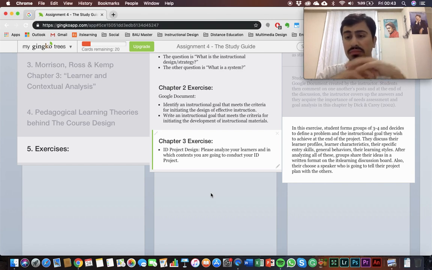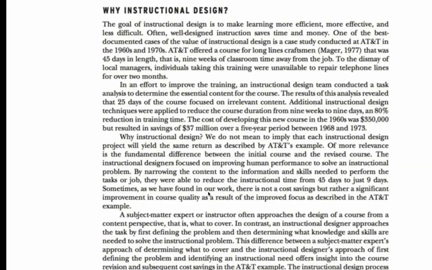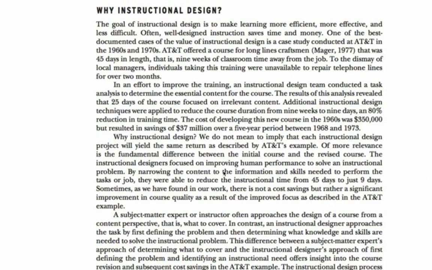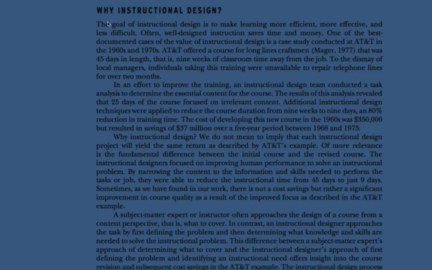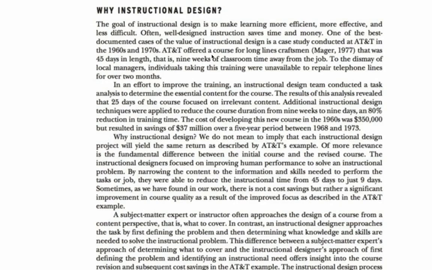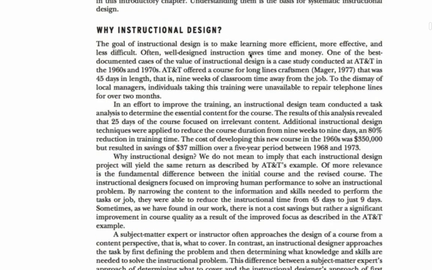So they discuss their answers and their opinions on a Google document or its learning platform as a discussion forum. The answer to this exercise is that, as stated in Morrison, Ross, and Kemp's book, the goal of instructional design is to make learning more efficient, more effective, and less difficult.